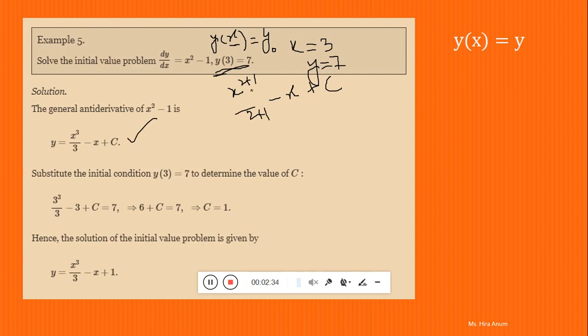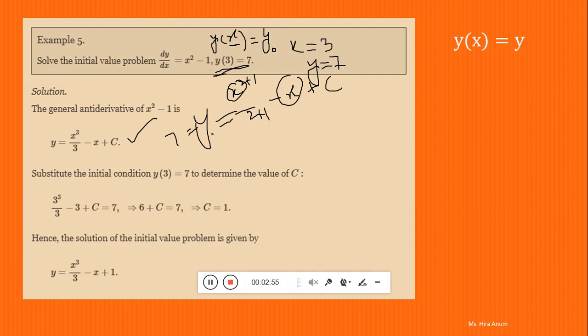Then putting the value of x equals 3, put 3 here and here, equals y, because the integration of dy over dx is y. So it becomes equal to 7.